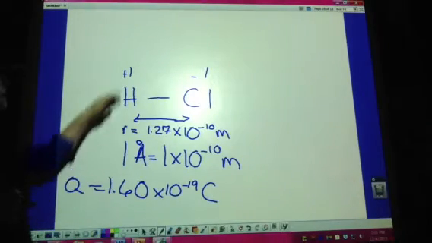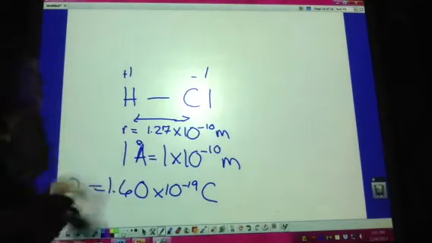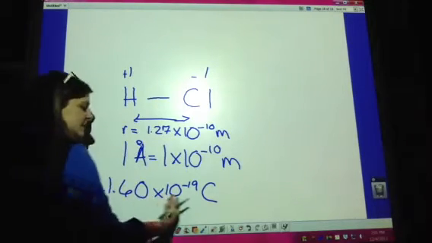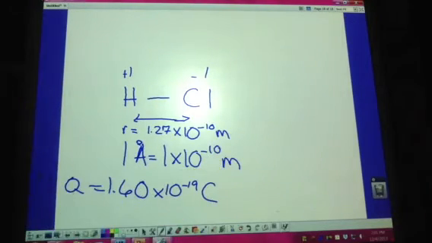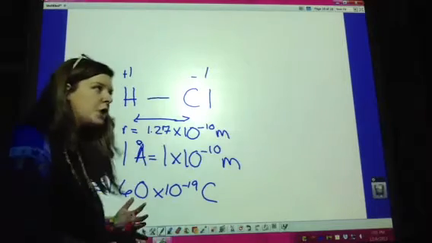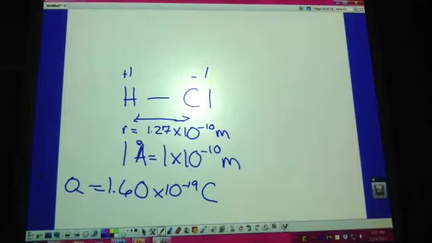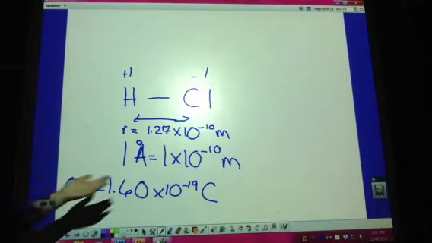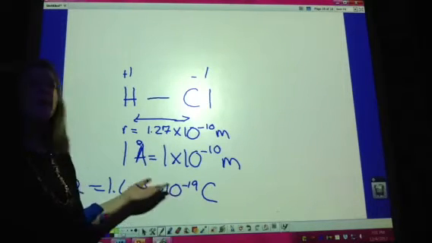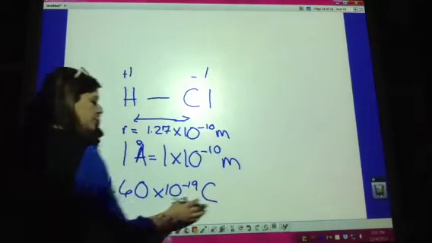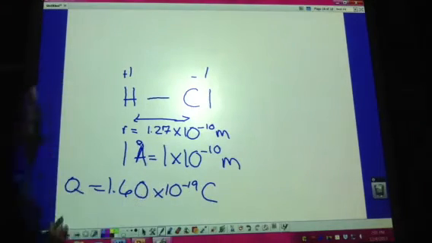So when we say a +1 or a -1 charge, we're saying that this -1 is really just 1.6 times 10 to the -19th coulombs. If something has a -2 charge, it's 2 times 1.60 times 10 to the -19th coulombs. So because it's always in multiples of this number, it's just easier for us to say this has a -1 charge, this has a -2 charge, because really this is the overall charge of that electron.